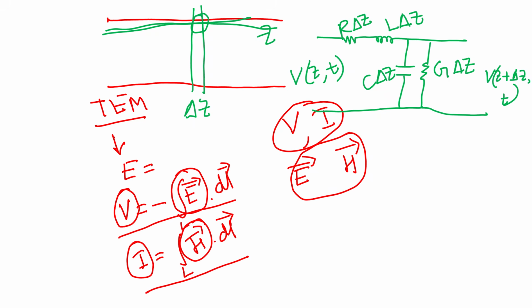Okay. So the current in this branch, if we assume it is I(z,t), then in this branch the current will be I(z + del z, t). So obviously through these two branches, the current flowing through this branch is I del z.